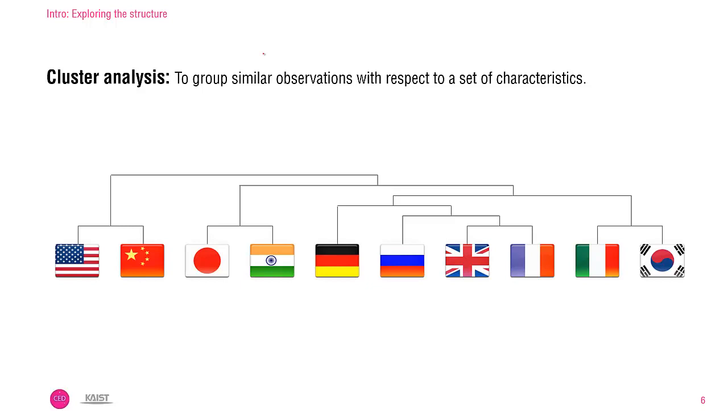Cluster analysis is used in order to group similar observations with respect to a set of characteristics. A set of characteristics can indicate the tendency of assessments. For example, Koreans and Italians show similar tendency when they make a judgment of characteristics of a color.